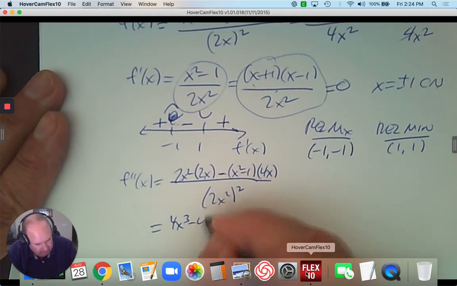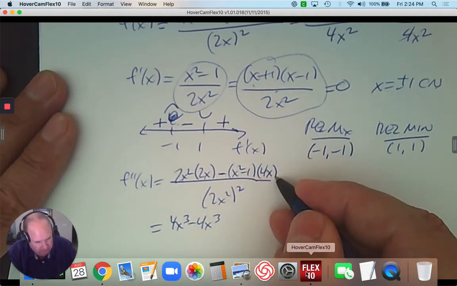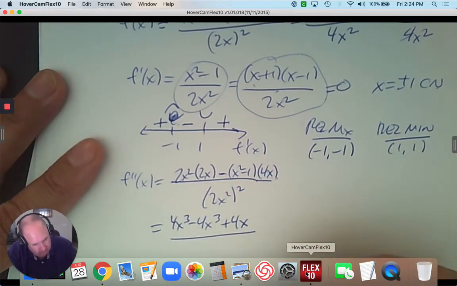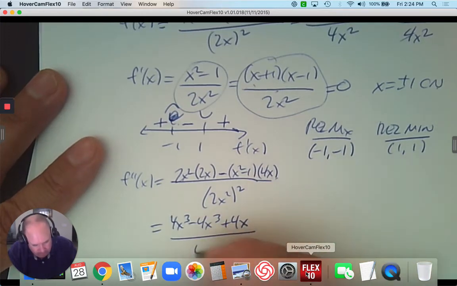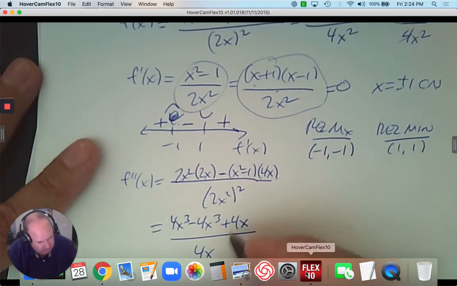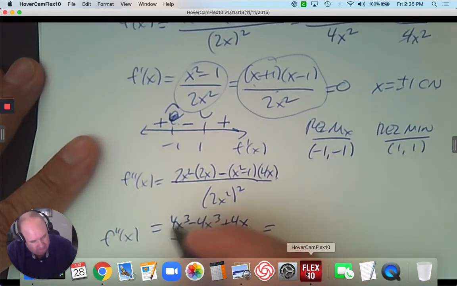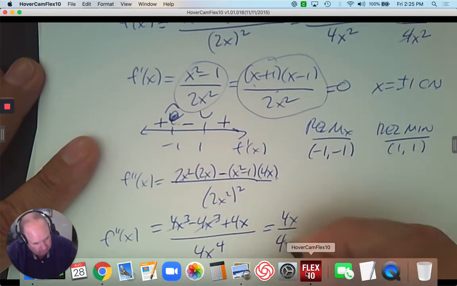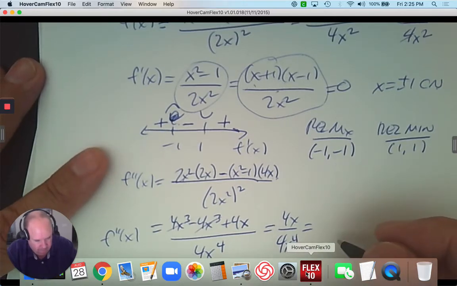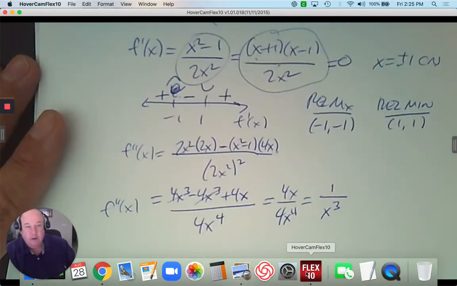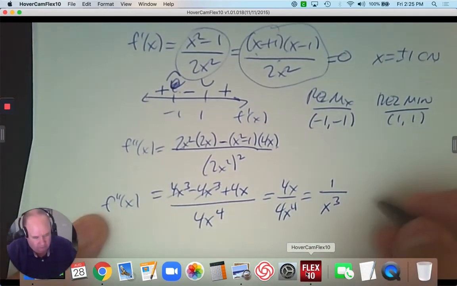Here you would have minus 4x cubed when you multiply it out, and then you'd have plus 4x. And then when I simplify that, the 4x's would divide out, and you'd be left with this as your second derivative.